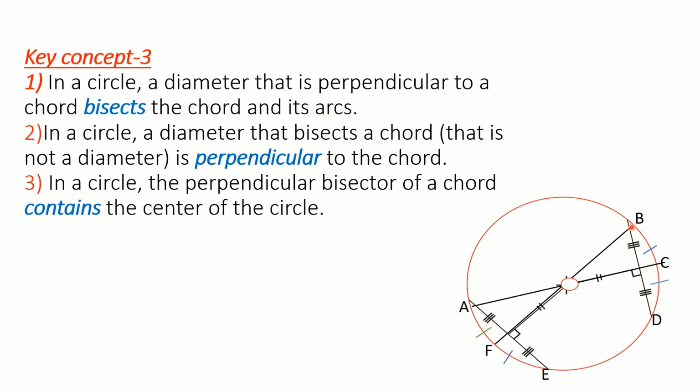It is bisected by AC and at the same time it's perpendicular. It makes 90 degrees here. Again, from this side, the diameter FB passing through the center bisects chord AE. At the same time, it bisects arc AE.